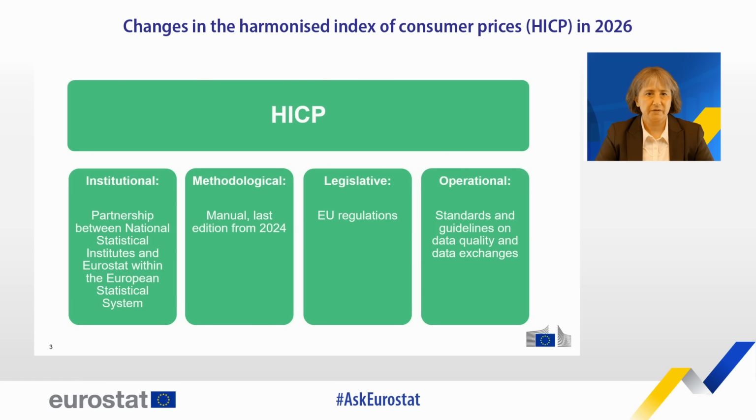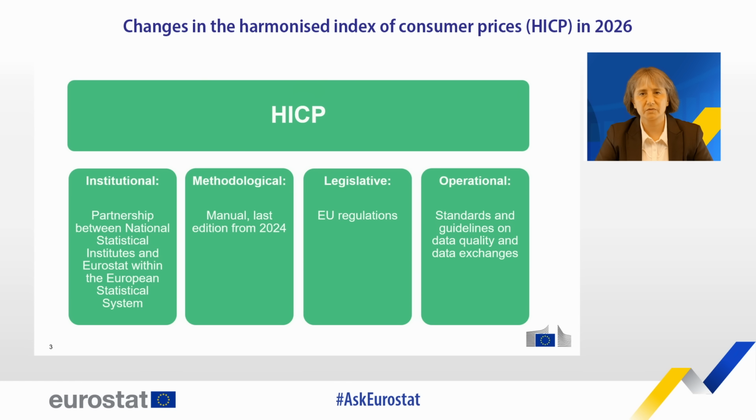HICP is built on several pillars. First is the institutional, because it is produced as a result of the partnership between the national statistical institutes and Eurostat. Secondly, there is a methodological pillar, because there is a very detailed manual that gives recommendations to the countries how to compile and report this index. This is further strengthened by European legislation.